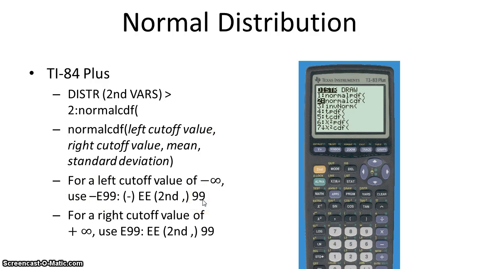If we did want to calculate a cumulative area from the right, we could use a positive infinity for the right cutoff value. And we would use for a positive infinity just a regular E99 instead of the negative E99.